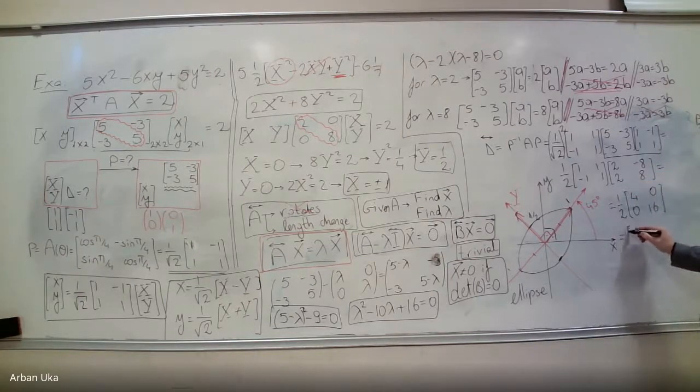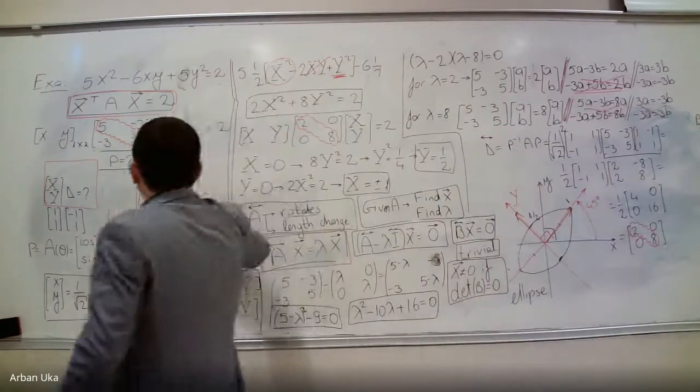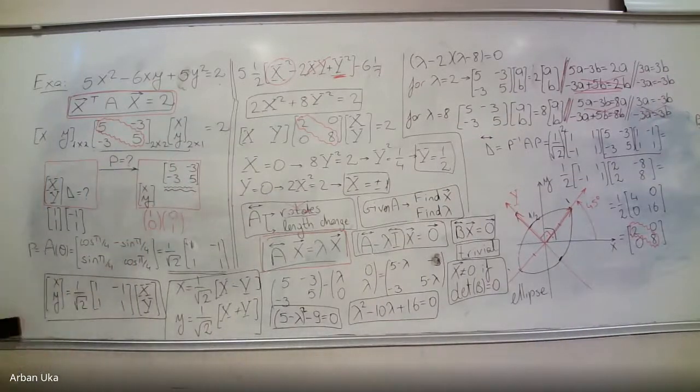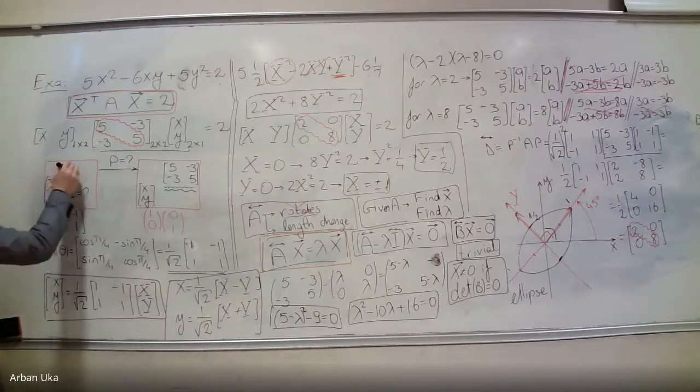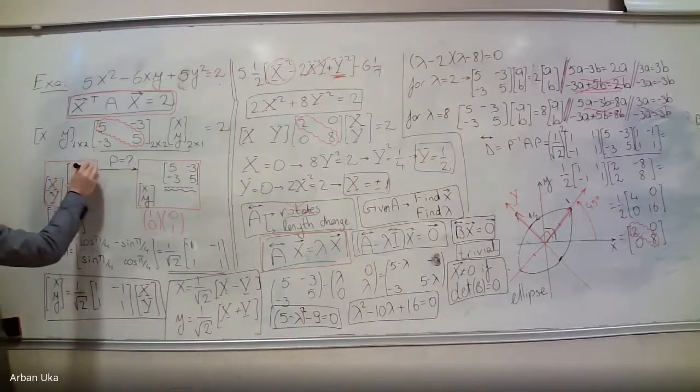So finally, what do we get? 2, 0, 0, 8. So it looks like the matrix which can represent the matrix A in the standard basis is going to be 2, 0, 0, 8, which we can write it here, 2, 0, 0, 8.